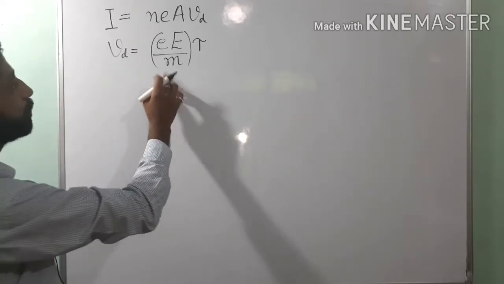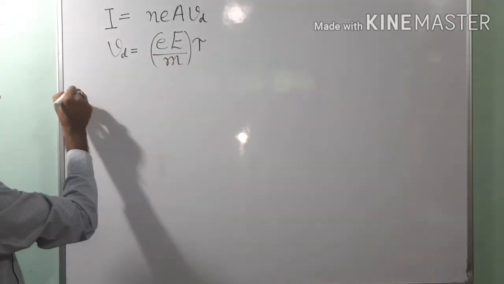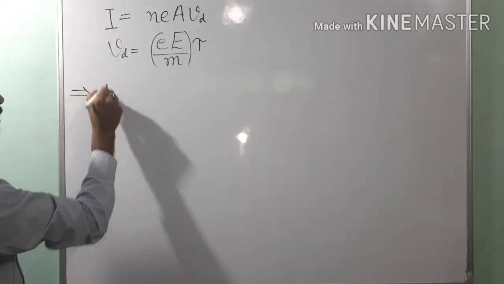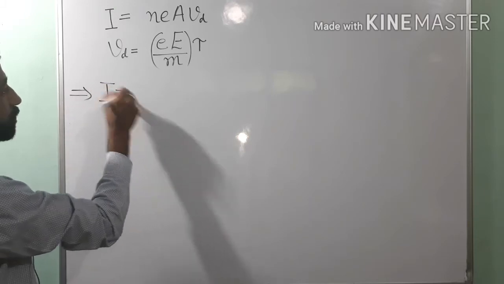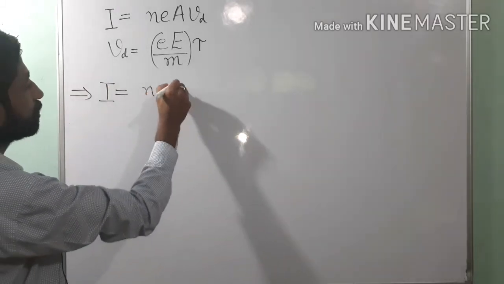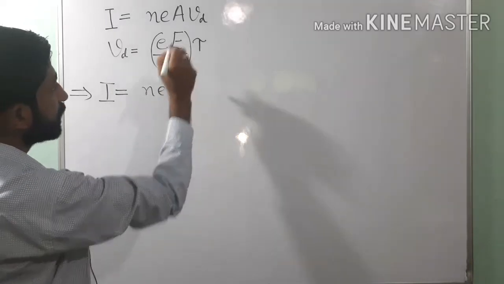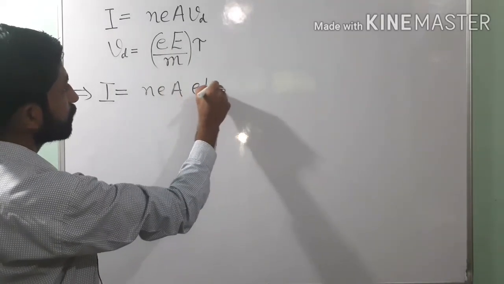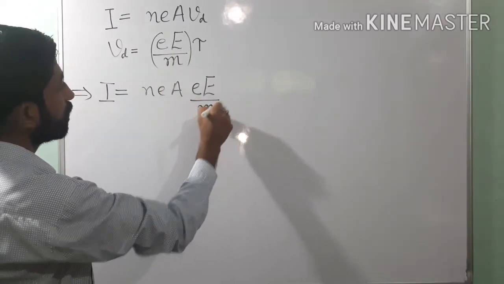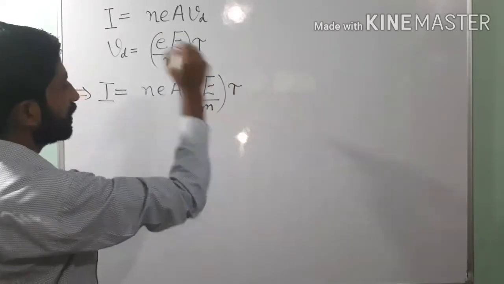Now if we put this value in I, what do we get? I is equal to nEA, and then put the value of drift velocity, eE over m into tau.